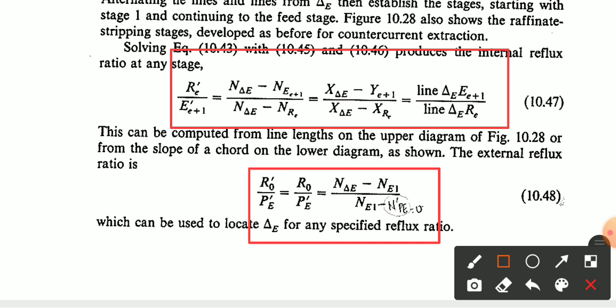As shown, the external reflux ratio is R0 by P dash E, which is equal to n del E minus n E1 by n E1, which can be used to locate del E for any specified reflux ratio.